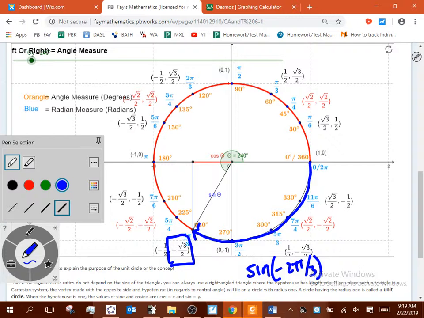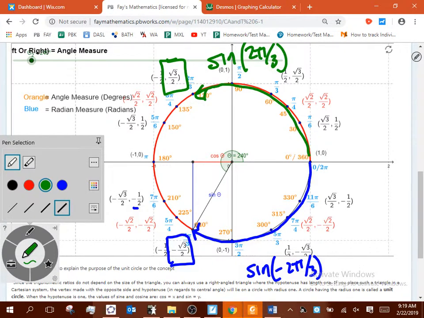Well, the sine of 2 pi over 3 is that number right there, right? Okay. Well, how do I make those two numbers that have boxes around them equal? I negate this one, and now those two values, the opposite of the sine of 2 pi over 3 and the sine of negative 2 pi over 3, are now the same thing. So it doesn't matter where you're at on the unit circle. Does that make sense? Okay.